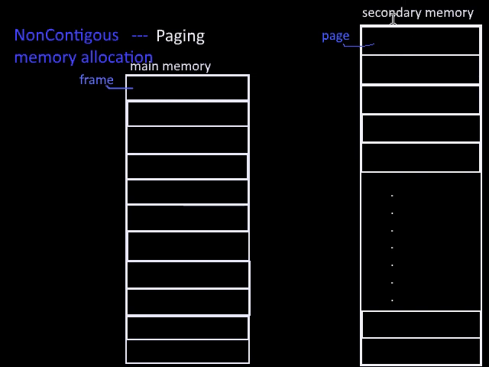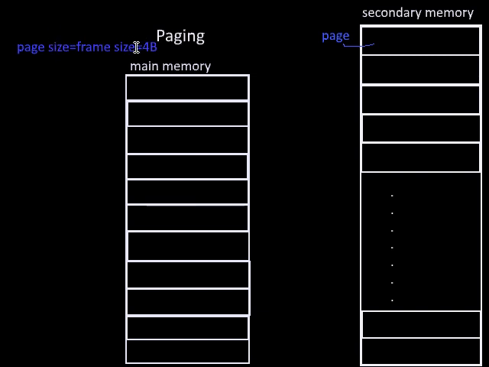So in secondary memory we have pages, and in the main memory we have frames. The size of the page will be equal to the size of the frame, such that each page can fit exactly into any of these frames.